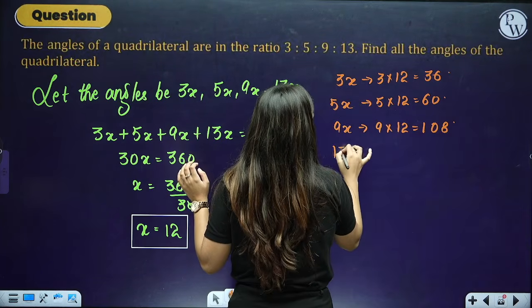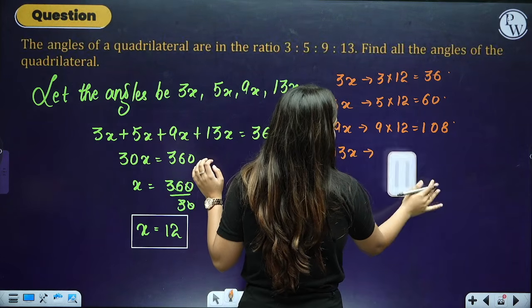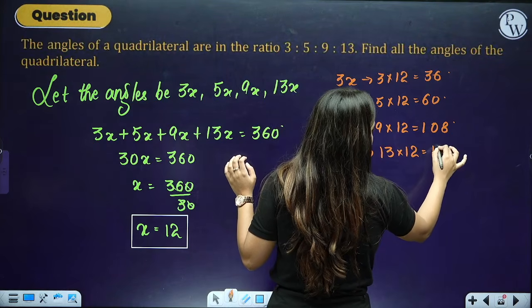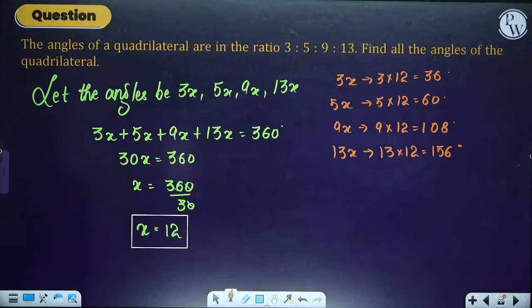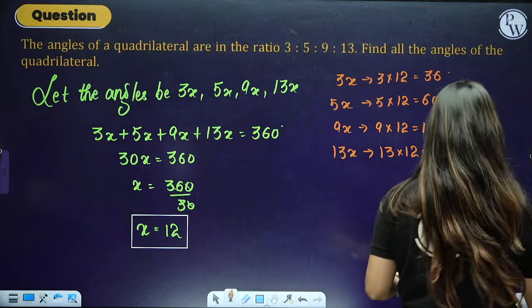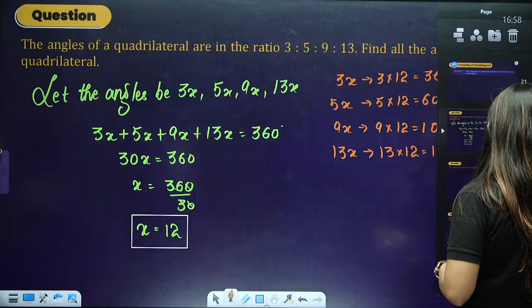And if we have 13x, this simply means 13 into 12 and this will give you 156 degrees. So, this is how you solve for all the angles if the ratio is given to you. I hope that this thing is clear with everyone. Now, let's move forward to the next question.